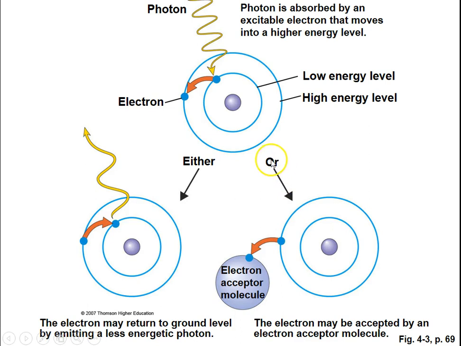In the process of photosynthesis, this electron that has been boosted to an orbit further from the nucleus now has more energy than what it originally had, having gained that energy from light. This electron can be picked up by an electron acceptor and carried off down the metabolic pathway that leads to the production of ATP and then ultimately carbohydrates.